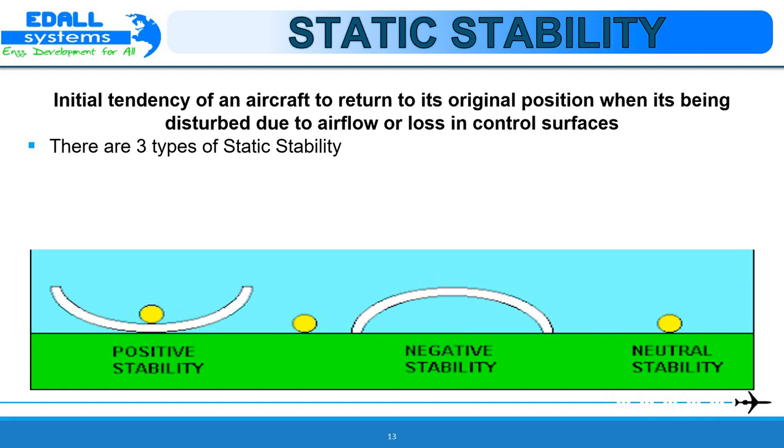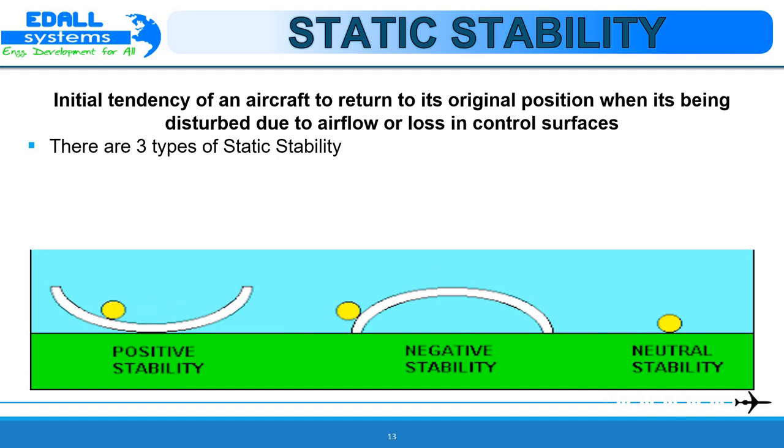Now imagine a bowl which is upside down with the marble at the crest. If the marble is placed precisely at the crest, the moments will be zero and the marble will be in equilibrium. However, if the marble is now disturbed, it will tend to roll down the sideways, away from its equilibrium position. Such a system is statically unstable. Finally, imagine the marble on a flat horizontal surface.